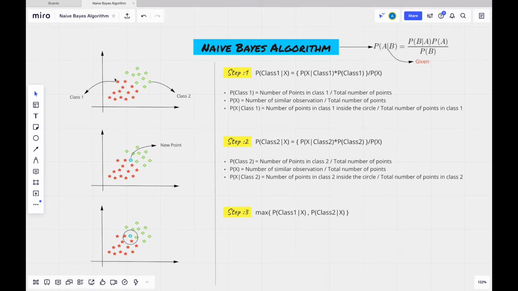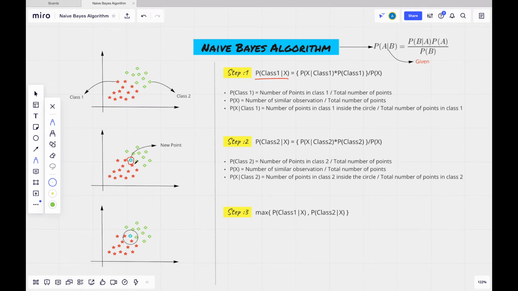So the problem statement here is we have to find whether this point belongs to class 1 or class 2. First we'll see class 1, then we'll find the probability for class 2. So for class 1, probability of class 1 given that x has already occurred, where x is this point.